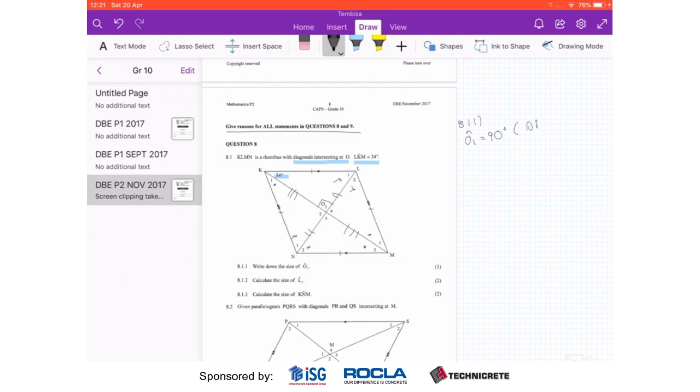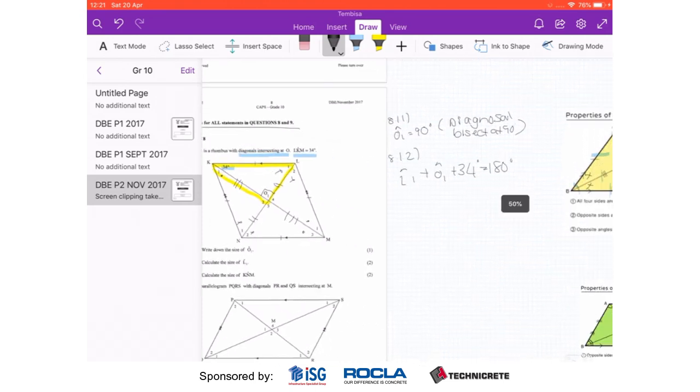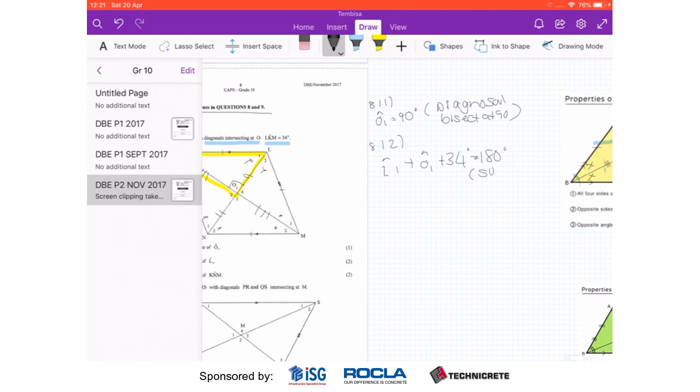Your reason is diagonals bisect at 90. Write down the size of angle L. So now we can see that we've got created here a triangle, and we can find L from sum of angles of a triangle. So angle L1 plus angle O1 plus 34 is equal to 180 degrees. You have to give reasons, so my reason is sum of angles of a triangle.